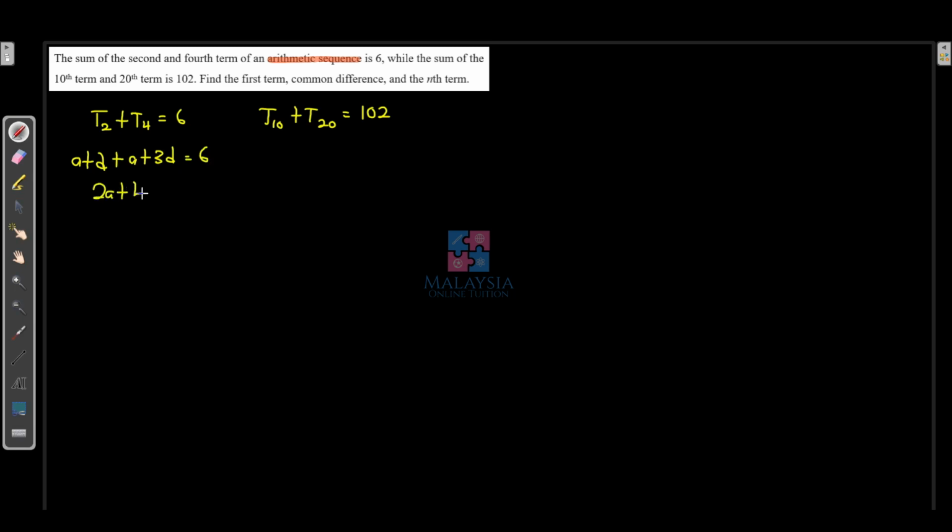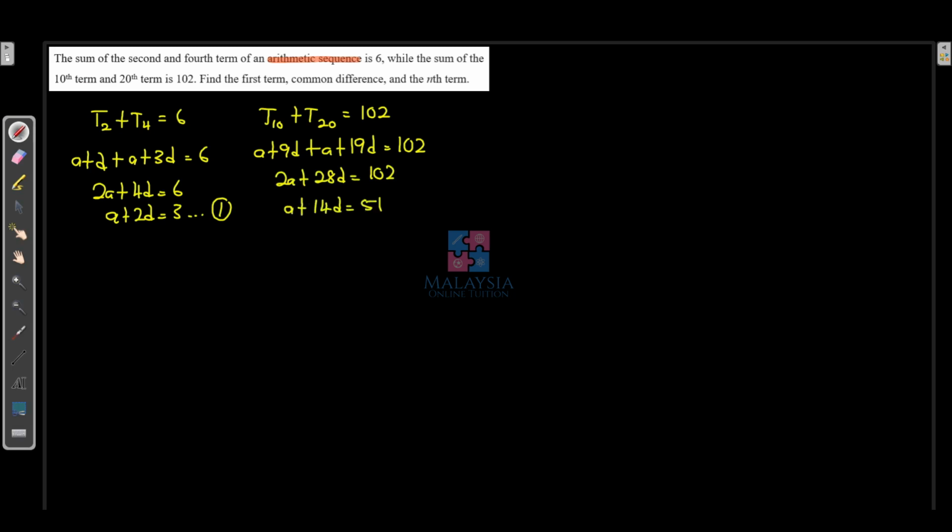As you can see, 2A plus 4D equals 6. And then A plus 2D equals 3 for the first equation. Done. And then for T10 and T20, the same thing. A plus 9D plus A plus 19D equals 102. So this is 2A plus 28D equals 102. So you divide everything by 2, you get A plus 14D equals 51.